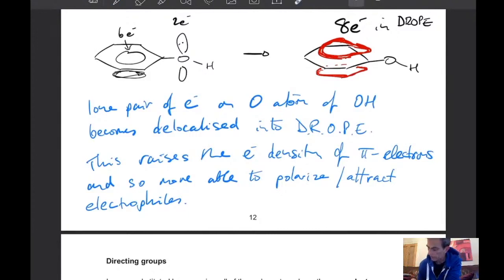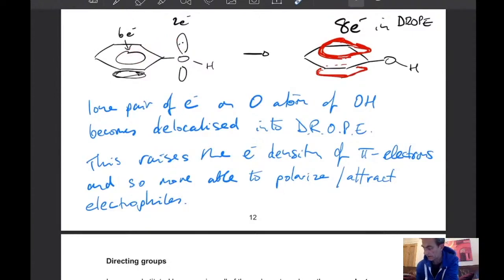So in phenol, you've got your 6 pi electrons. Remember, there's a region of space above and below the sigma framework of the carbons. And you've also got a pair of electrons in a lone pair in a p orbital on the oxygen. So rather than being separate, they delocalize into each other and become this red region of space.